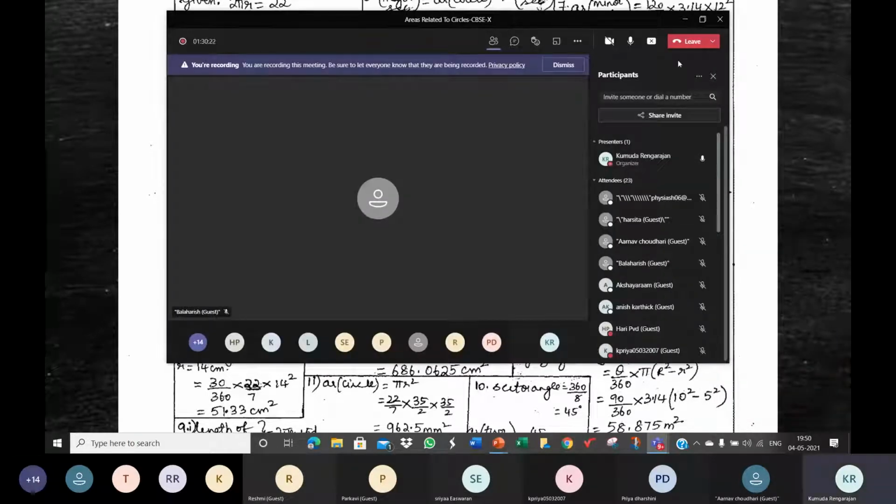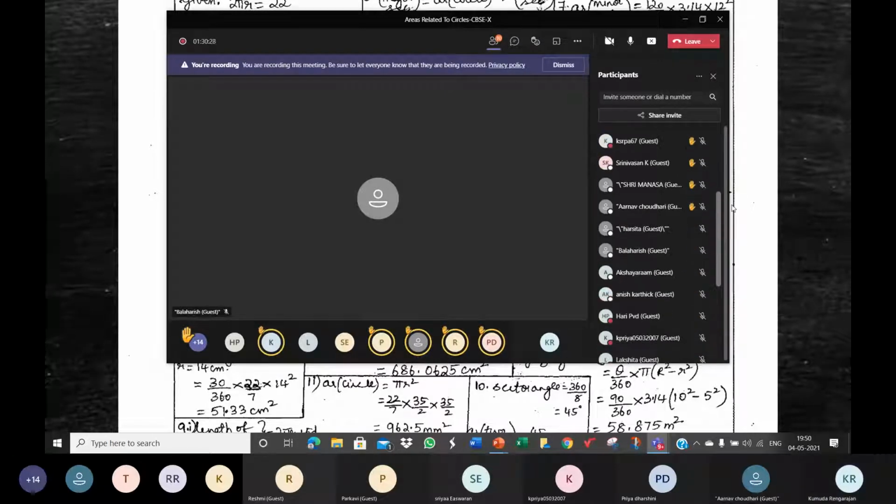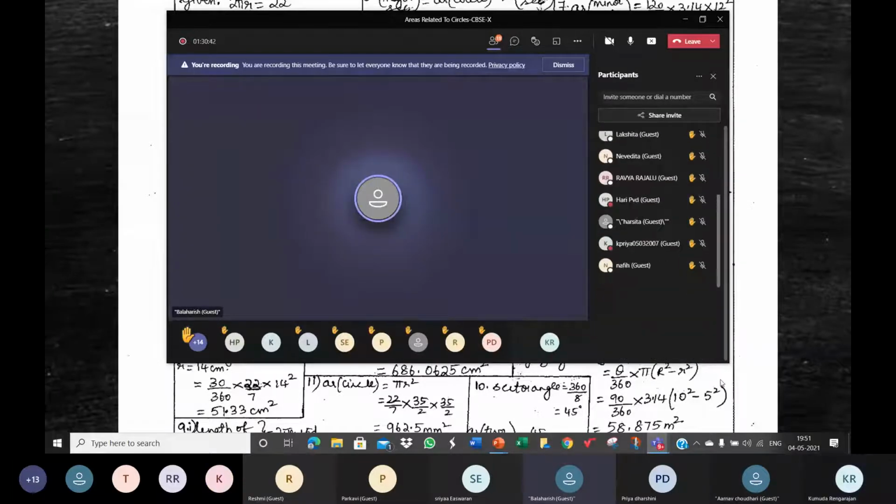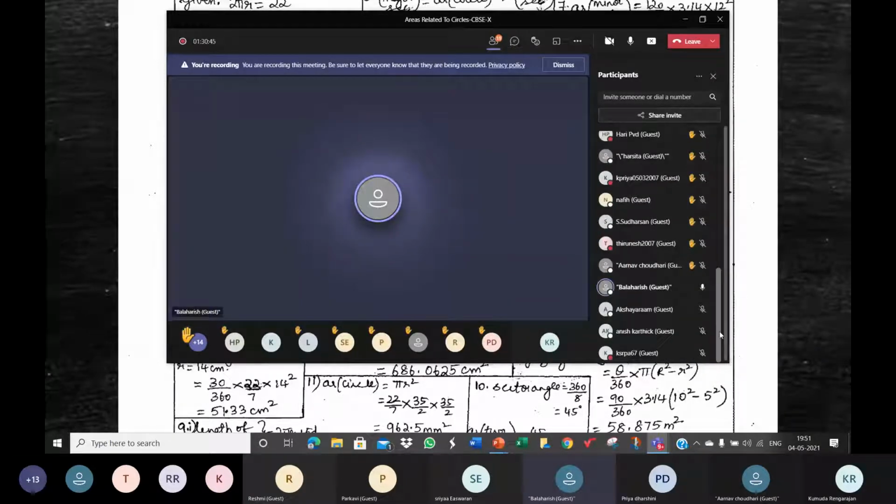Class, use the emoji. Raise your hands. Use the raise hand option. Raise your hands, class. Akshay Ram. Bal Harish. Use the emoji, raise your hand. Okay, you're there in the meeting. Good.